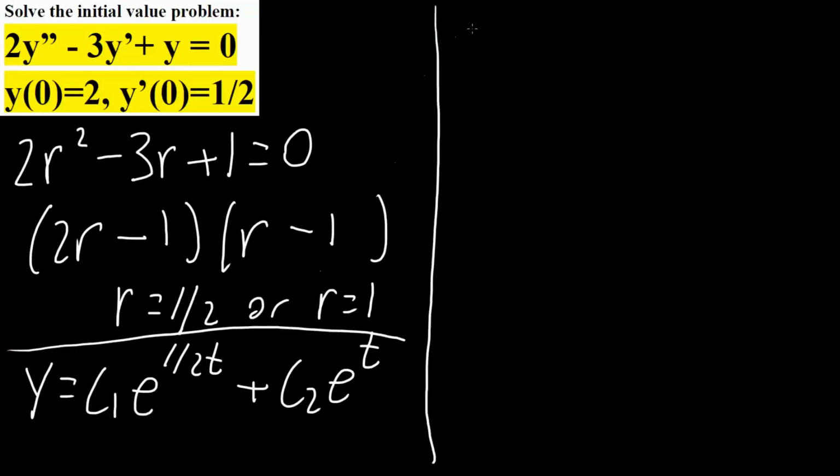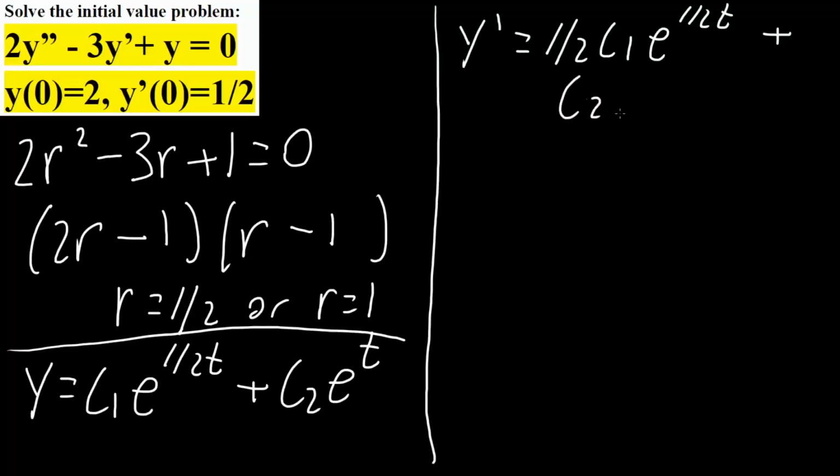And so we will get y', so we will differentiate this. And so that's going to be 1/2 c1 e^(1/2 t) + c2 e^t.